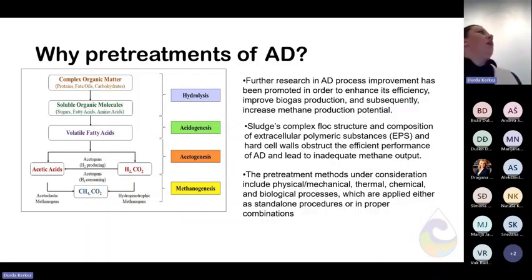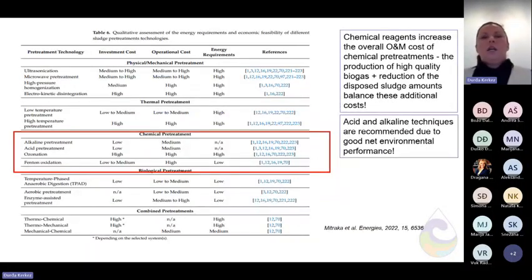So we need to pre-treat before anaerobic digestion, and there are many technologies and techniques in consideration, and they include physical, mechanical, thermal, chemical, biological treatments, and their combinations. This table is a brief comparison of various pretreatment technologies in terms of investment cost, operational costs, and energy requirements.